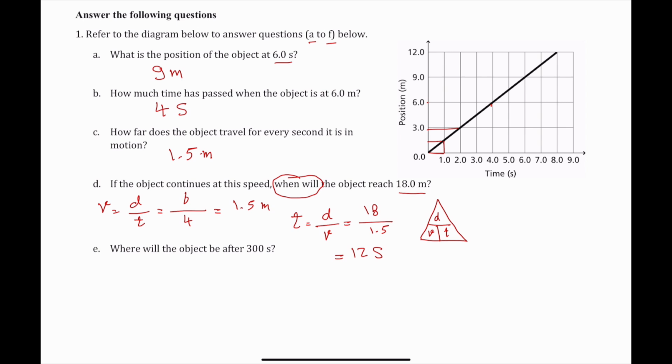E. Where will the object be after 300 seconds? Here we have the time and we need to get the position. The position is v times t. So x, the position, equals v times t, where v is 1.5, which we already calculated before.